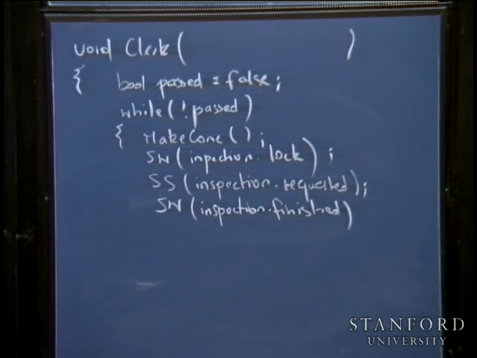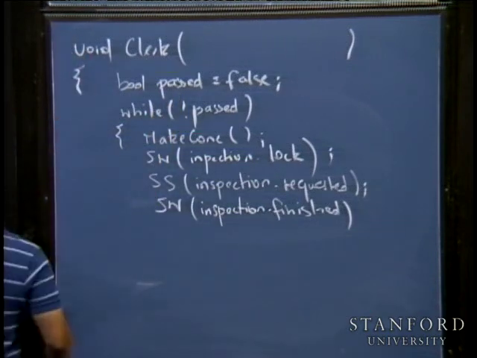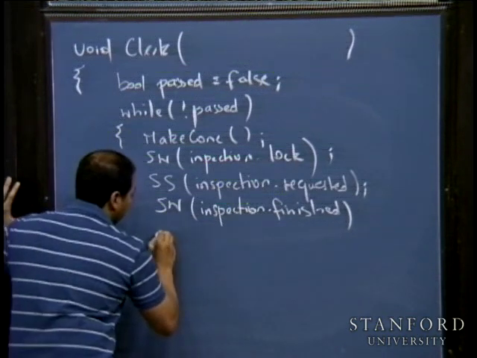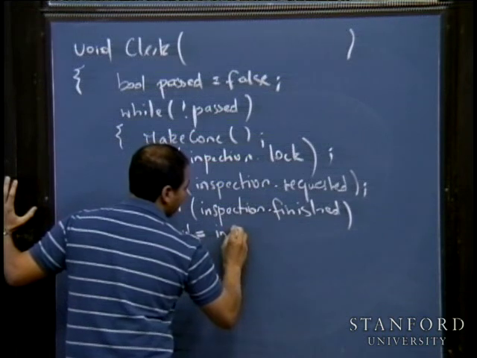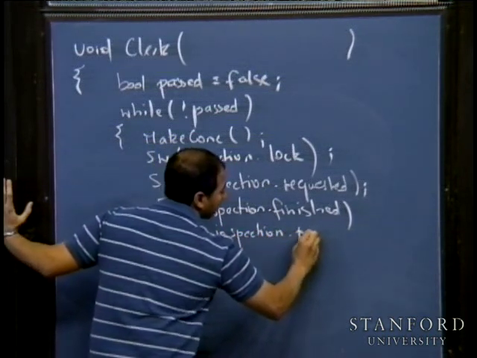Which field tells you? Inspection.passed, right? Now, you want to read into passed whatever the manager passed in inspection.passed, okay? So you want to set passed equals to inspection.passed.